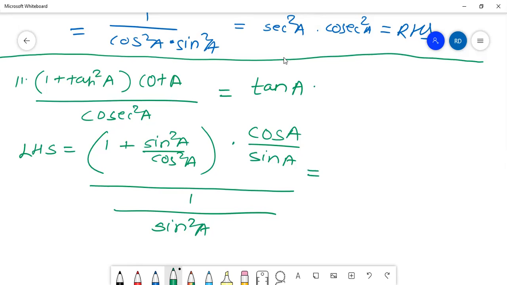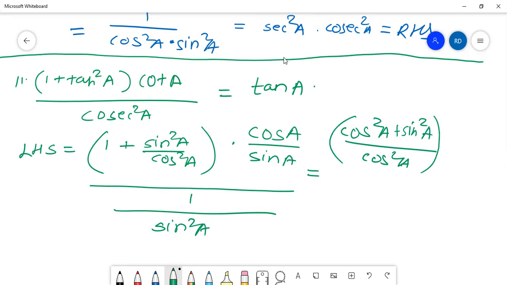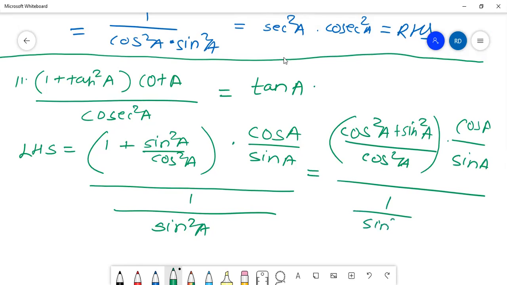So that will give us cos square A plus sin square A upon cos square A into cos A upon sin A upon 1 upon sin square A. I'll write this in the numerator in the next step.